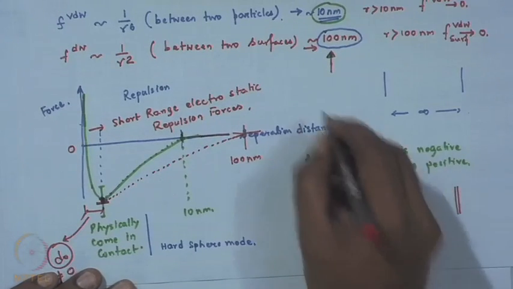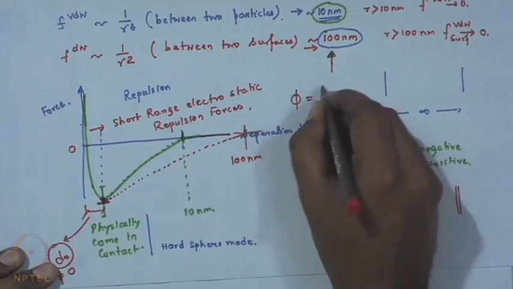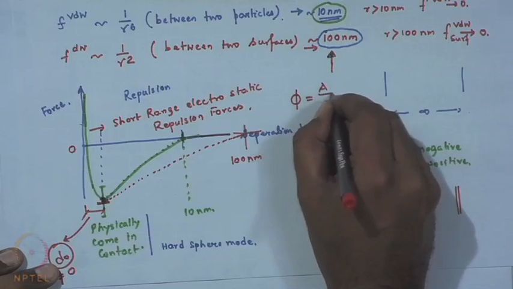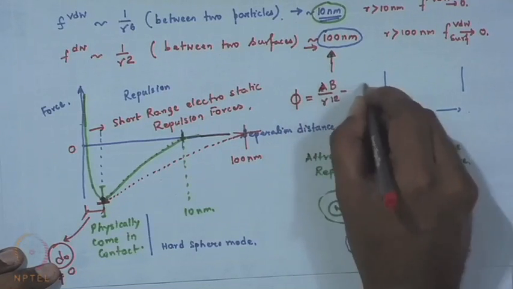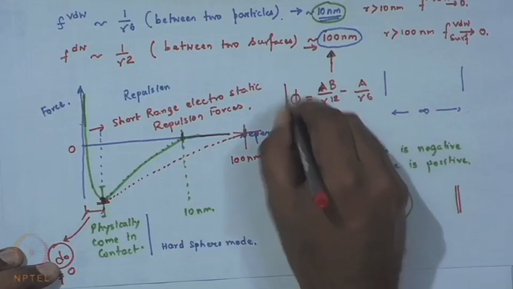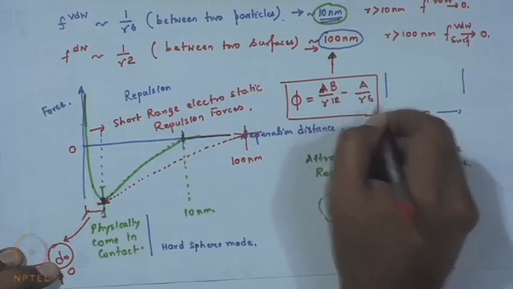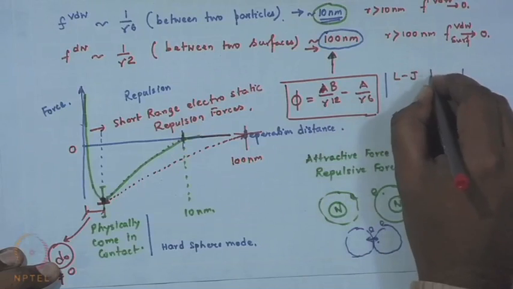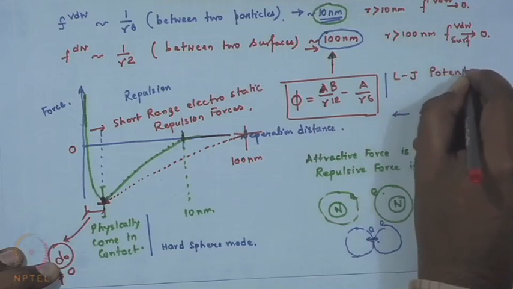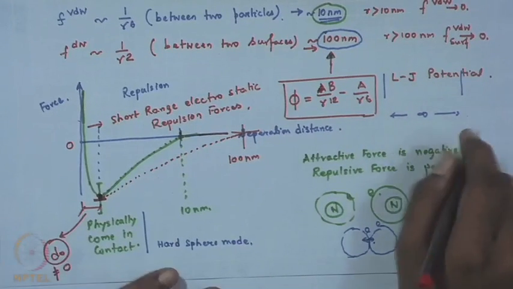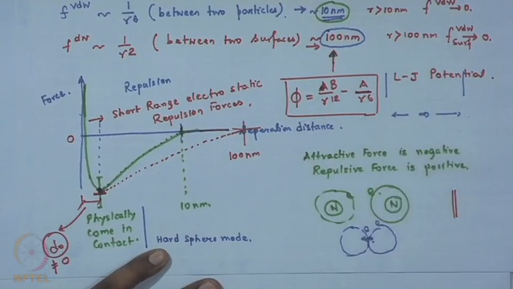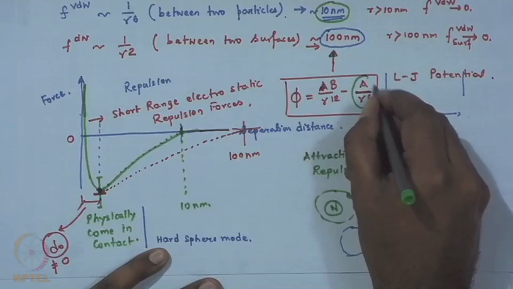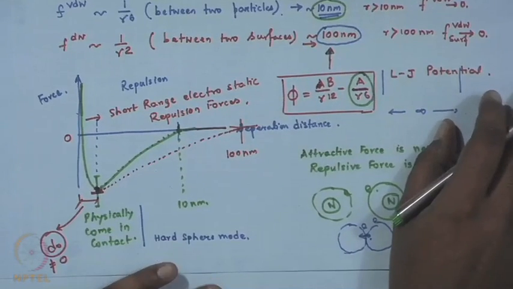Many times we follow a potential curve like this, the rather famous Lennard-Jones potential. This term, minus A by r to the power 6 with a minus sign, represents the attractive interaction due to the van der Waals forces.